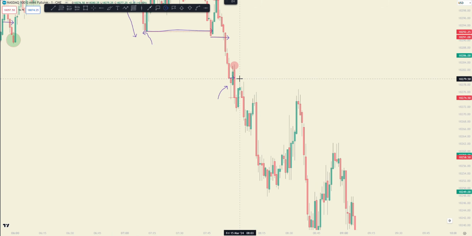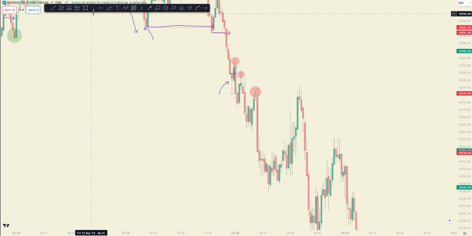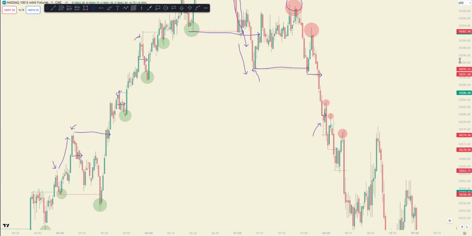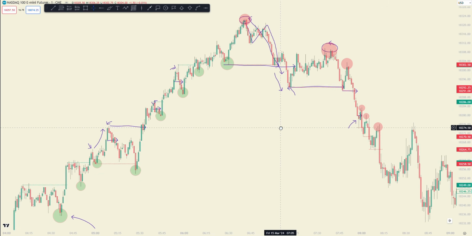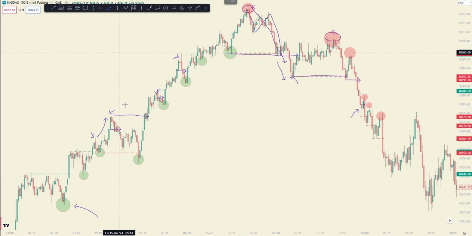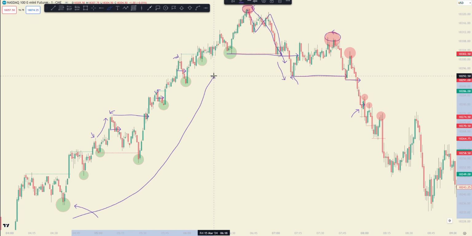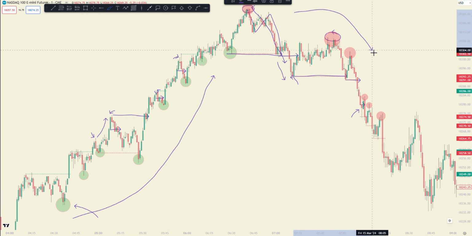Same thing occurs here. Same thing occurs here. So here in the structure, we can clearly see and identify, hey, we have a series of protected lows. Protected lows mean we're in an uptrend. A series of protected highs mean we're in a downtrend. It is literally quite that simple.